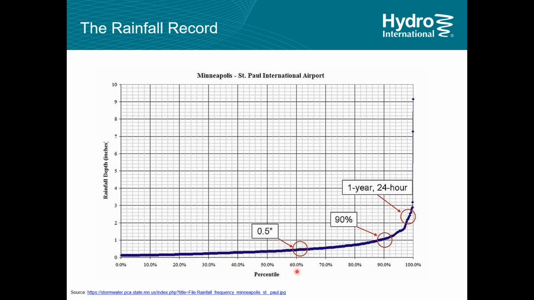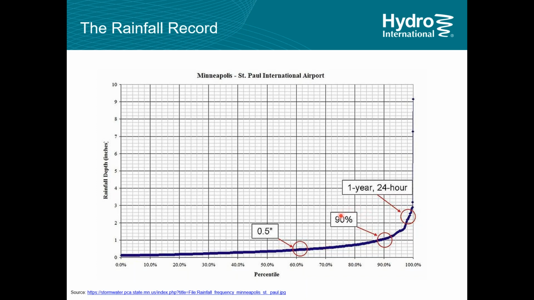Counts for about 60% of the total, or I should say 60% of all storms would be less than that. Probably around about 6% of the total rainfall is less than 0.5 inches.